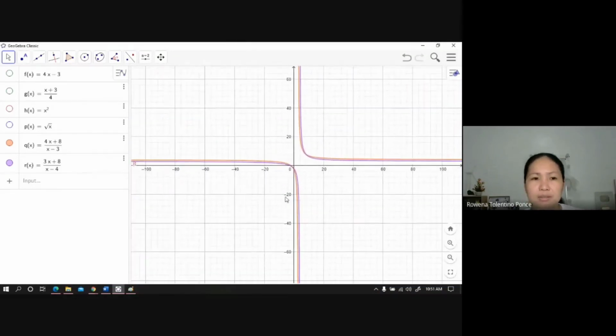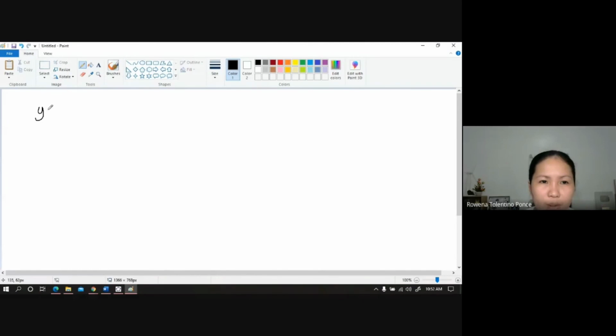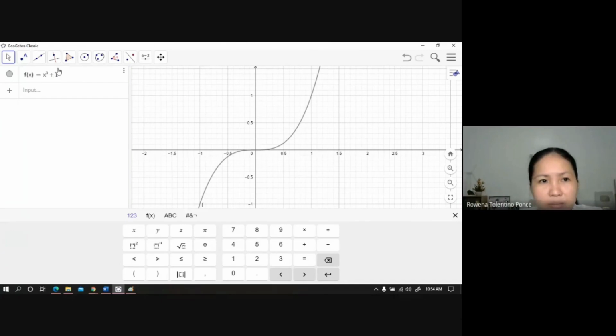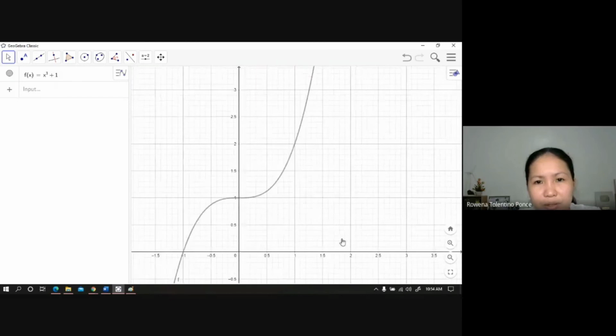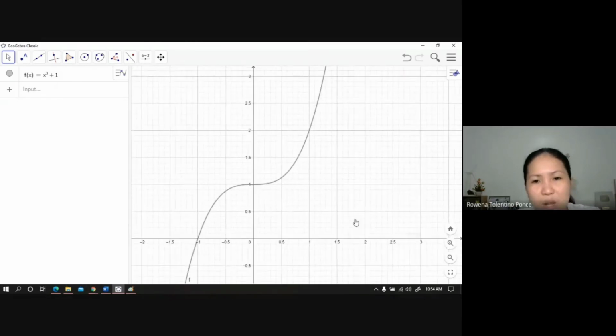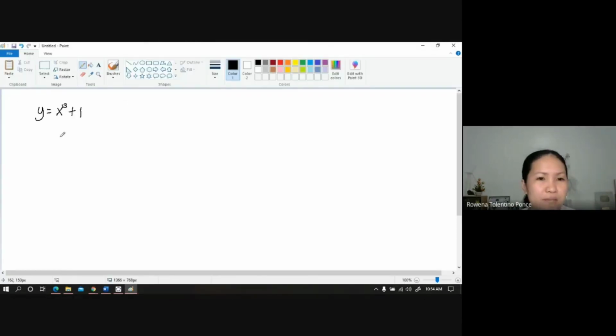Okay po ba? Halimbawa, y is equal to x cubed plus 1. So this is x cubed plus 1. We have here x is equal to y cubed plus 1.